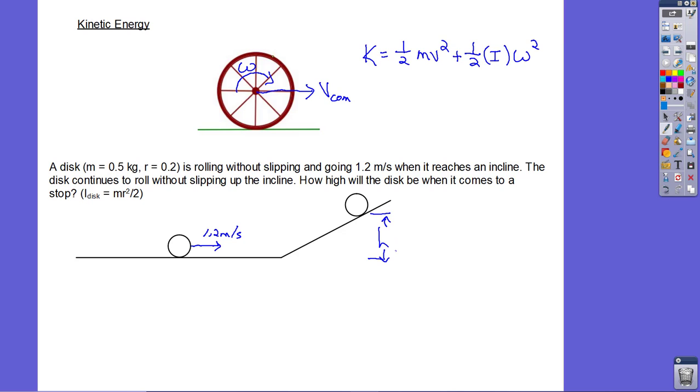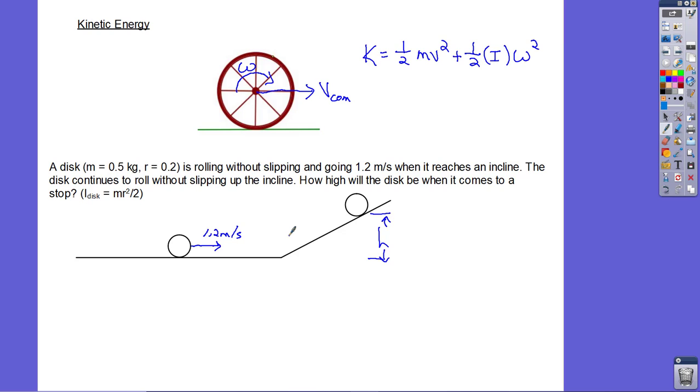So the question is, what's h going to be? In a case like this, hopefully you're thinking energy is going to be the right strategy, especially when you're dealing with an incline. If they don't give you an angle, there's no way to use Newton type stuff or anything like that. So you're going to have to use energy methods for this.